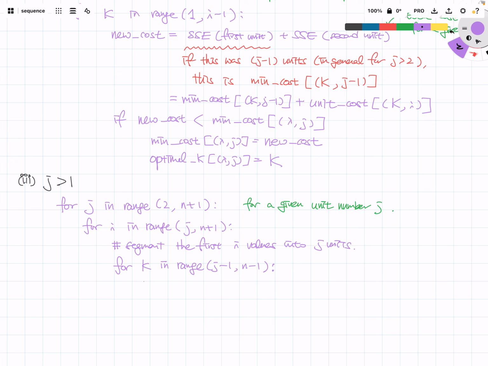And this means we need to segment the first k values into j minus 1 units, because k was defined by the length of j minus 1 units, and actually this was done in the previous loop of this code, because j minus 1 was the above.